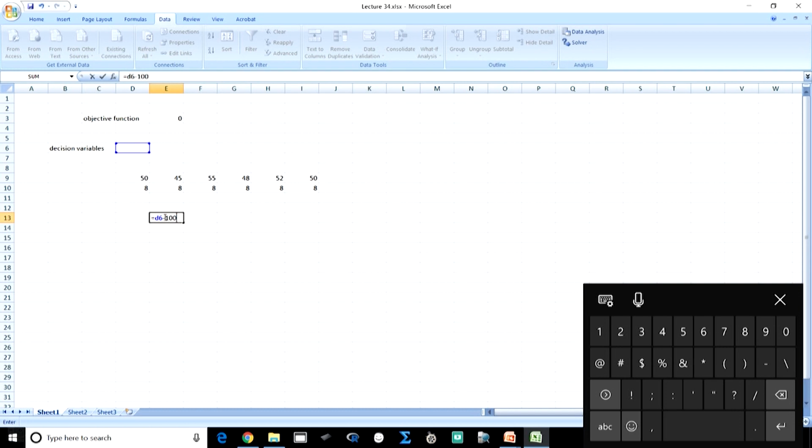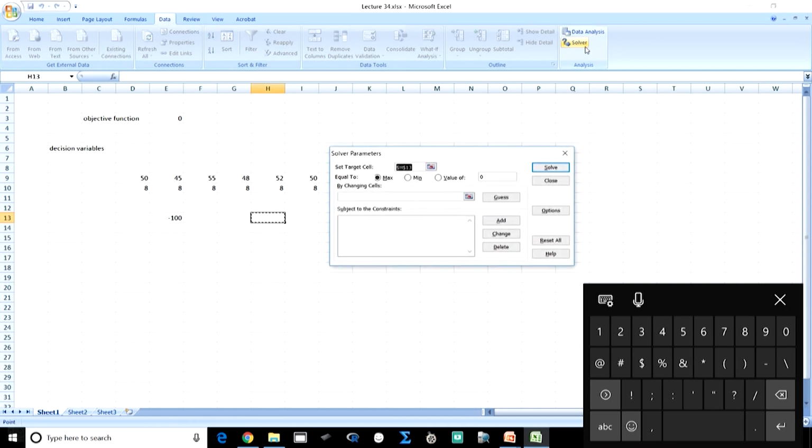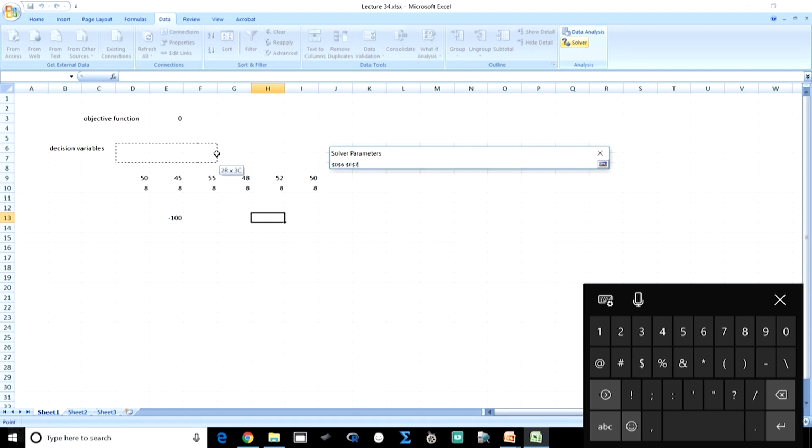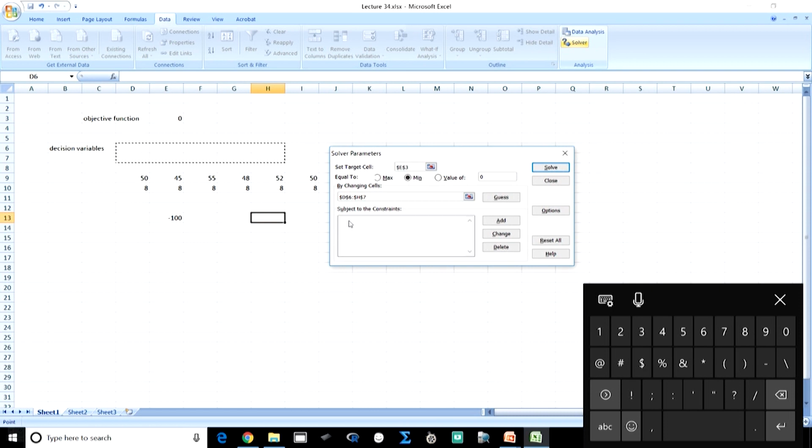So, let us see the solver. This is our target cell, this is the minimization, and we have to set the values from here to here.